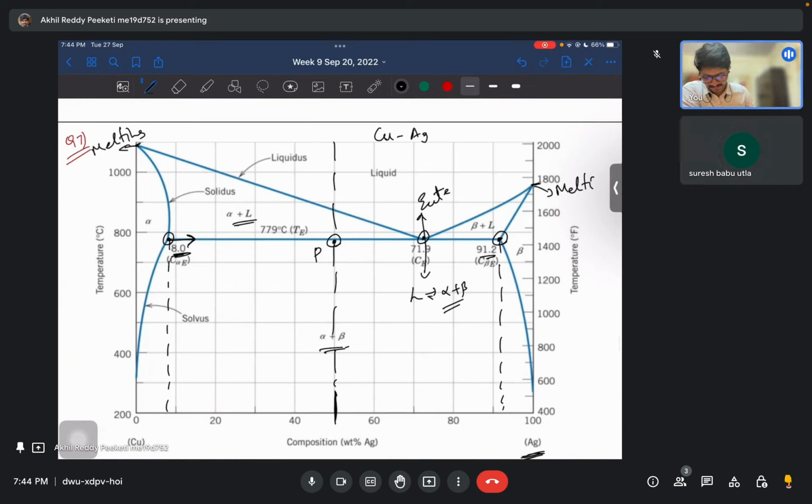Let's say you are here. Which phase do you expect to be more? Alpha phase to be more, right? Because you are very close to the alpha phase. But we are actually working with the lengths. So which length is more, this length or this length?